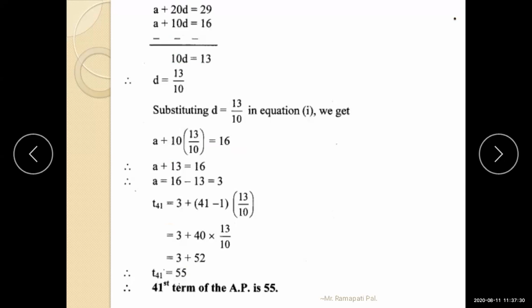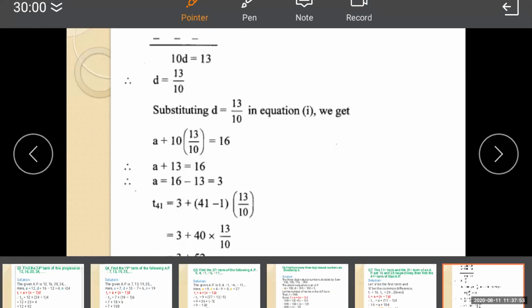Now what we have to do? We have to substitute the value of d in equation number 1 so that we get the value of a. Is it clear? So a plus 10 into 13 upon 10 is equal to 16.